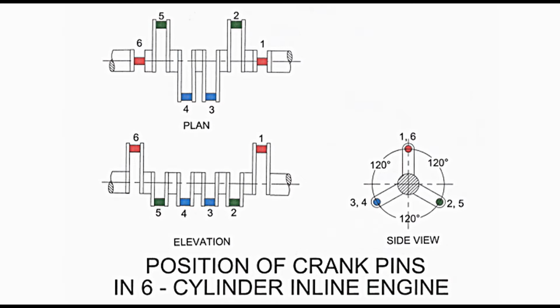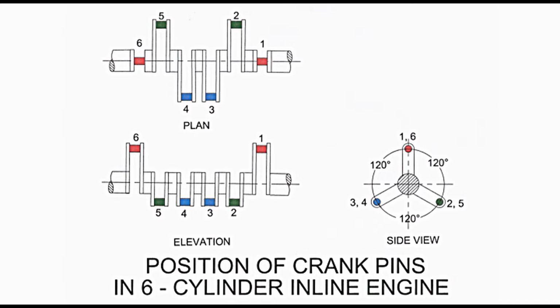Cylinder 1 is in front and cylinder 6 is at the back. In the diagram, the paired pins holding the connecting rods in cylinders 1 and 6 have been shown in red. Similarly, pins 2 and 5 have been shown in green and pins 3 and 4 in blue.